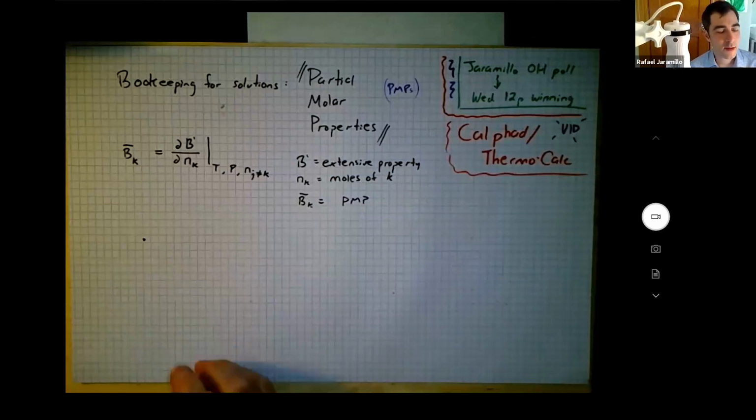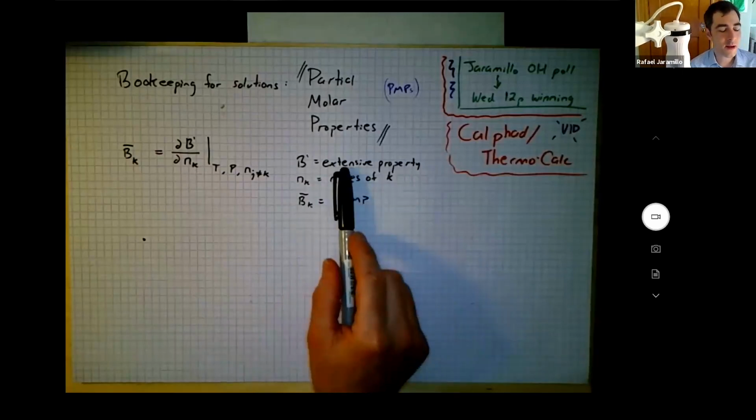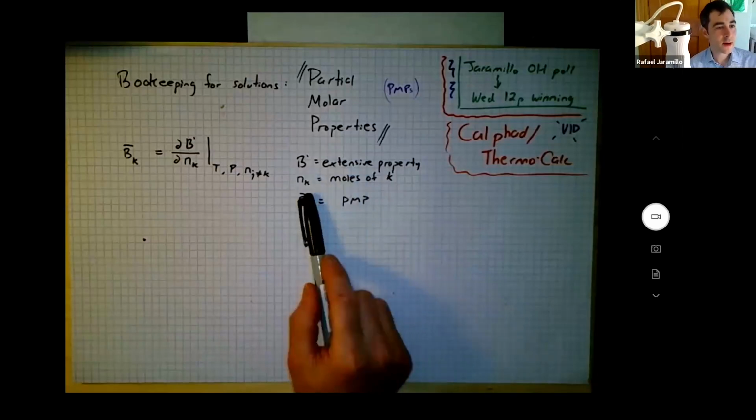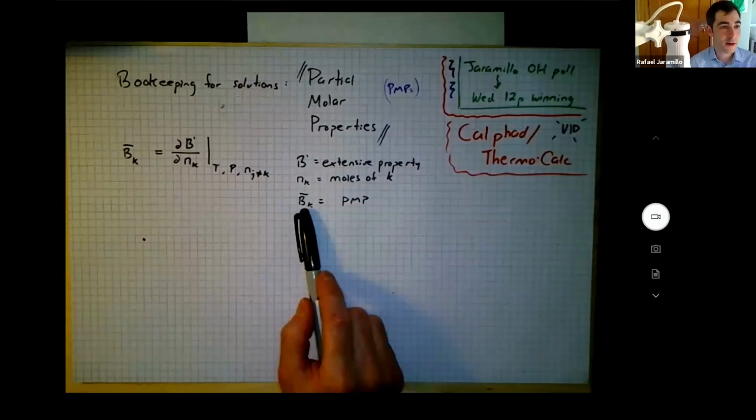You could think of this in many different ways. You could think of the extensive property as the total amount of money in all of our pockets right now. But we each have different amounts of money in our pockets, right? So our own contribution to the total amount of money in all of our pockets right now would be our partial, personal property, I guess.